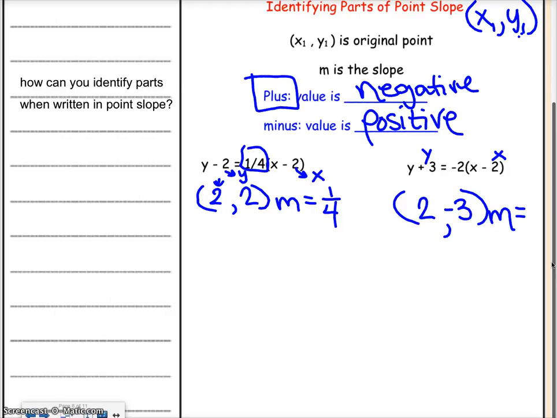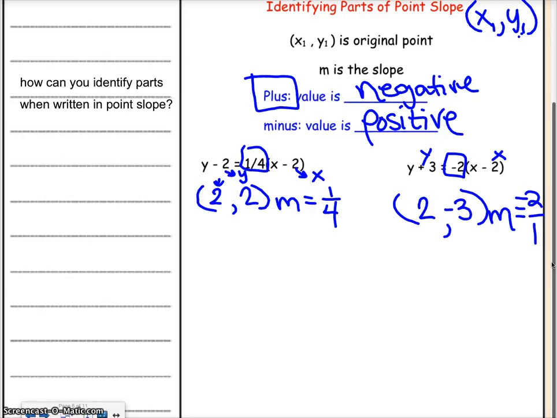Please note, I heard someone just say it. Some kids are going to put this -3 there, but everything's all flipped around with this. Okay, don't put the -3 there. The -3 is the y. And my slope is -2/1. I'm putting that 1 on the bottom because we're going to get to graphing.